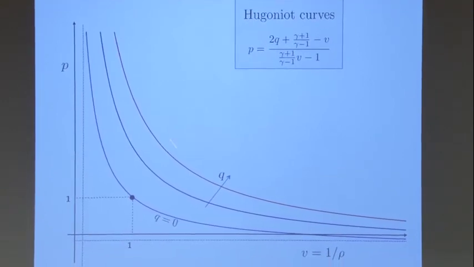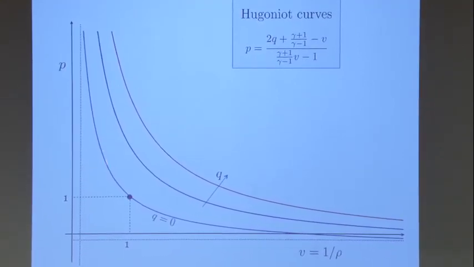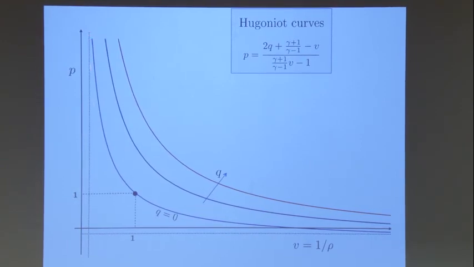And the Hugoniot turn out to be hyperbolas that asymptote to this line and to this line, which I will write explicitly in one of the next transparencies. But note that for different Q, different heat release, it's displaced to the right and up.